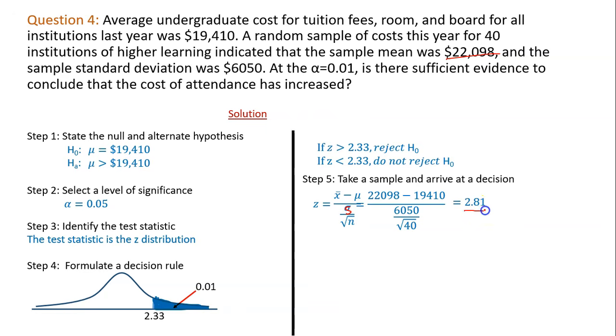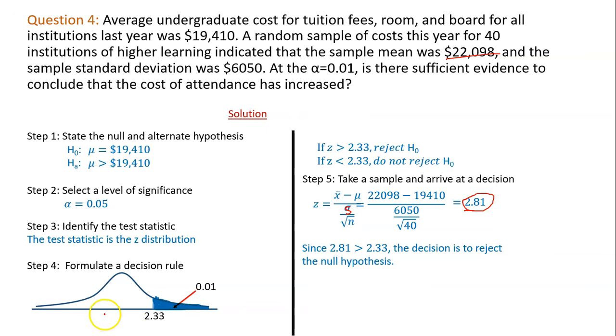So you write that since positive 2.81 is greater than 2.33, the decision is to reject the null hypothesis. The computed z, which is this, happens to be greater than 2.33. So because of that, we reject the null hypothesis. So we write it here. Another way of making the decision is by checking 2.81.